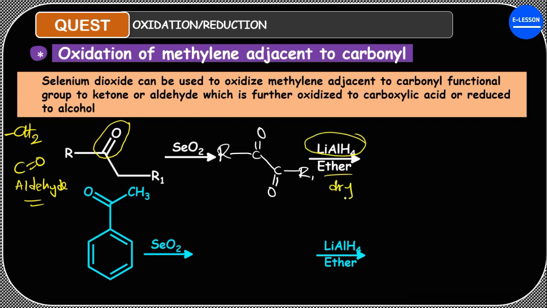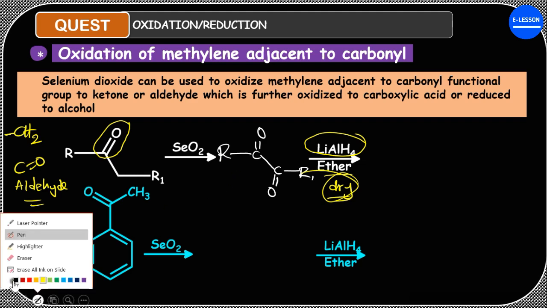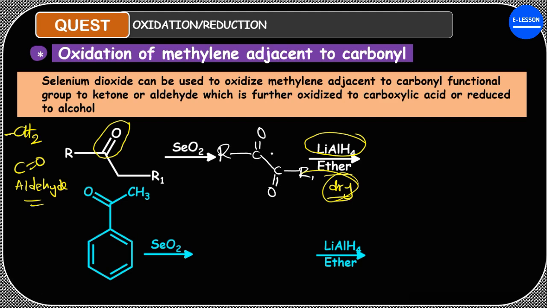This ethyl ether must be dry or anhydrous. If a small amount of water is present, the reaction will not take place, right? It will spoil the entire reaction. So it must be dry or anhydrous, and then the ketone will be reduced.